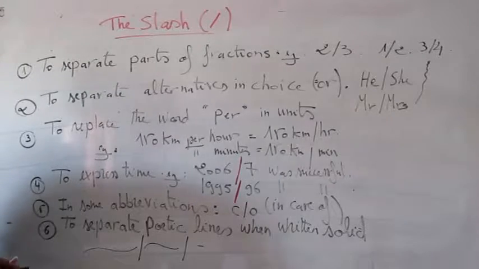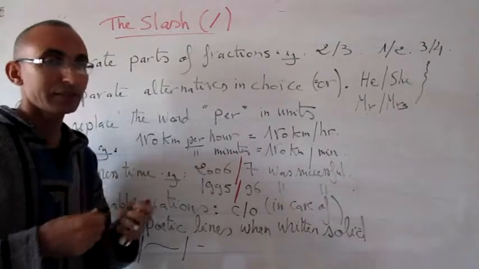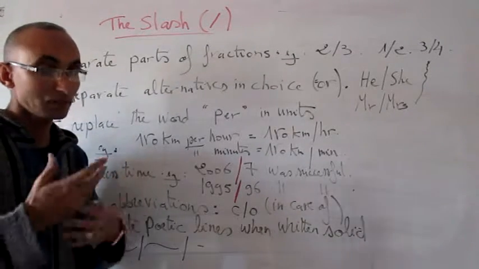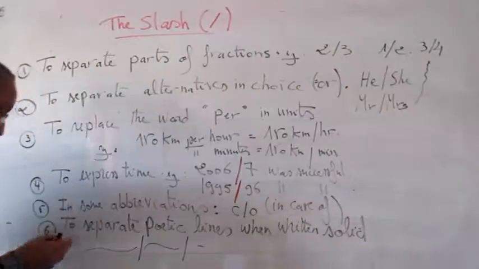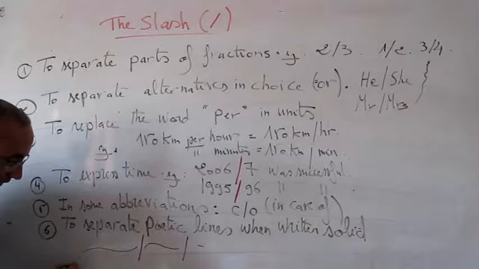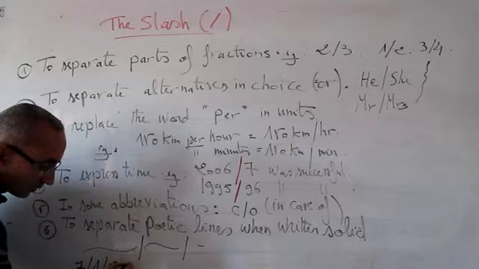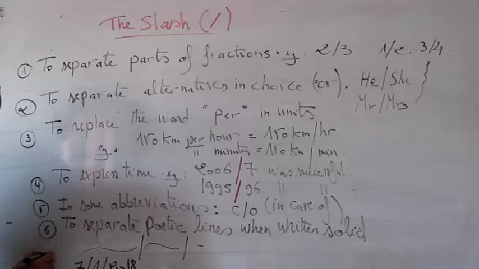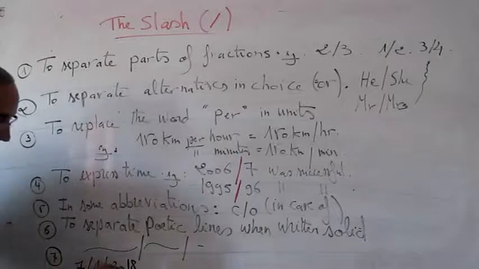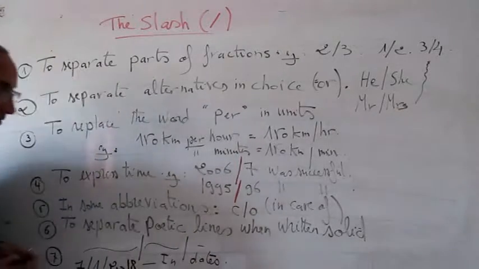As you see. Also, we have another use that we use mainly in business, which concerns dates. Sometimes you write, for example, today is 7 January 2018, and here we can use slashes, why not, 7/1/2018.